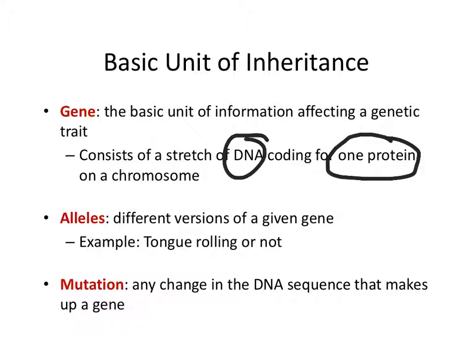People thought that there was one gene for every protein. And when they finished sequencing the entire genome, they only found 20,000 genes.